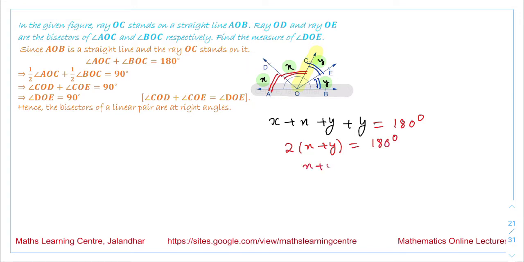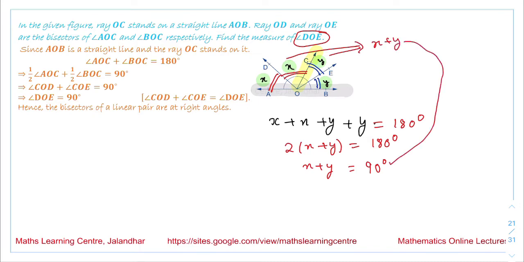So the value of x plus y is equal to 90 degrees. And what we have to calculate is angle DOE. So for angle DOE we have to calculate the value of x plus y, and it is equal to 90 degrees.